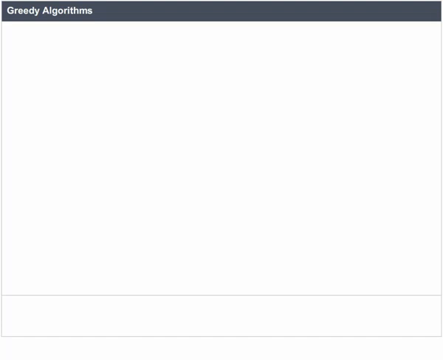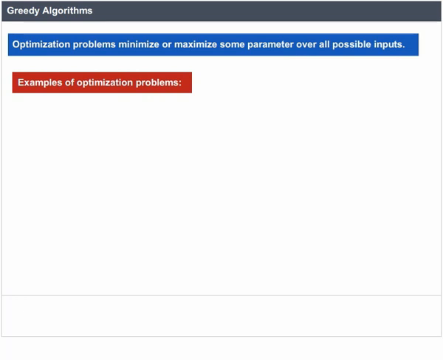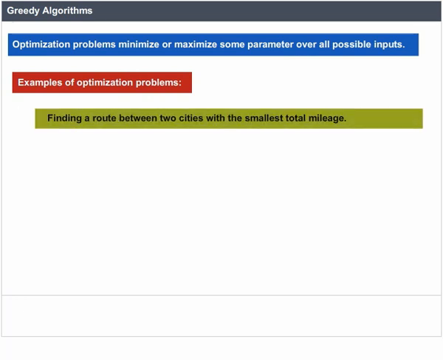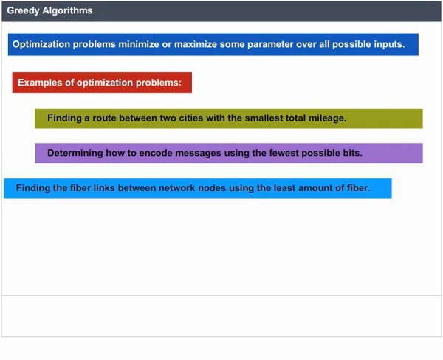Greedy algorithms. Optimization problems minimize or maximize some parameter over all possible inputs. Examples of optimization problems: finding a route between two cities with the smallest total mileage, determining how to encode messages using the fewest possible bits, finding the fiber links between network nodes using the least amount of fiber.